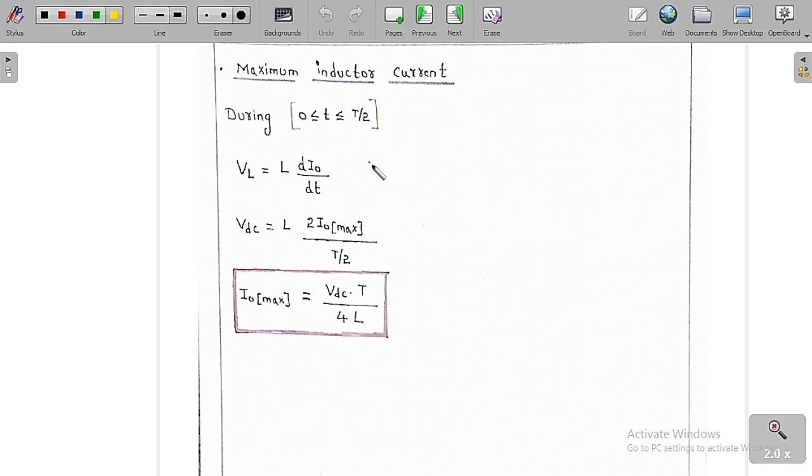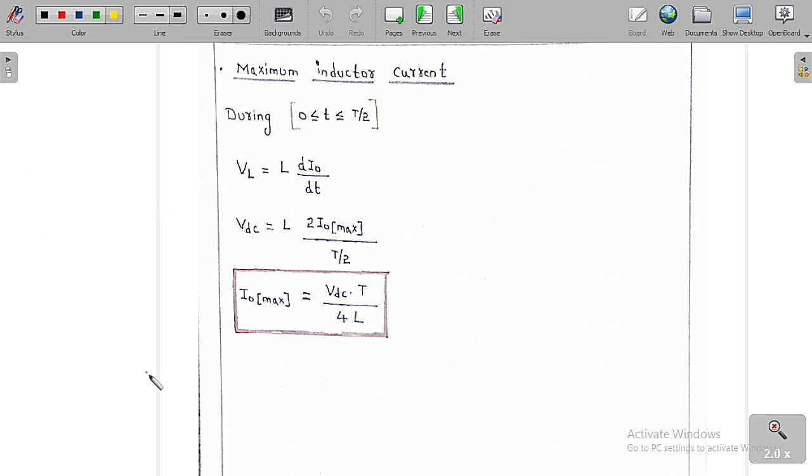So from 0 to capital T by 2, the output voltage is equal to plus VDC. Therefore, plus VDC is equal to L into 2 I naught max by T by 2. If you solve this, we are going to get I naught max is equal to VDC into T by 4L. So this is the value that we are going to get.